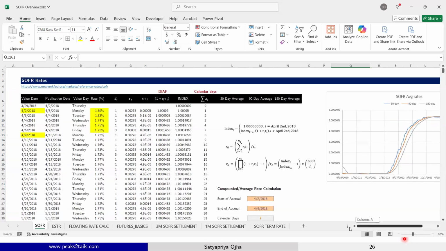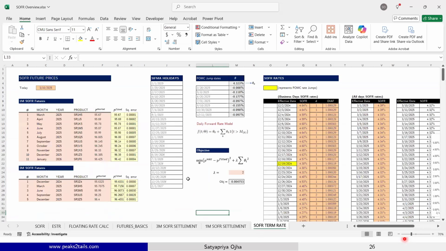So how CME does it is you need to identify the future FOMC meeting dates. These are the dates that they are supposed to meet. On those meeting dates, right on the next day, there will be jumps. So I'm taking theta as the jump parameter. For each of those dates, there are jumps. In between these two dates, the forward rate is constant.